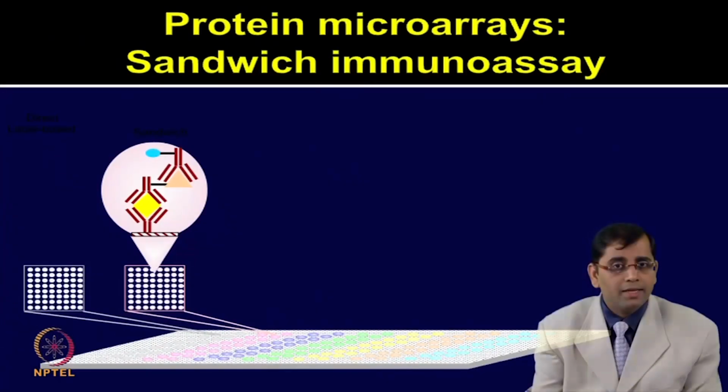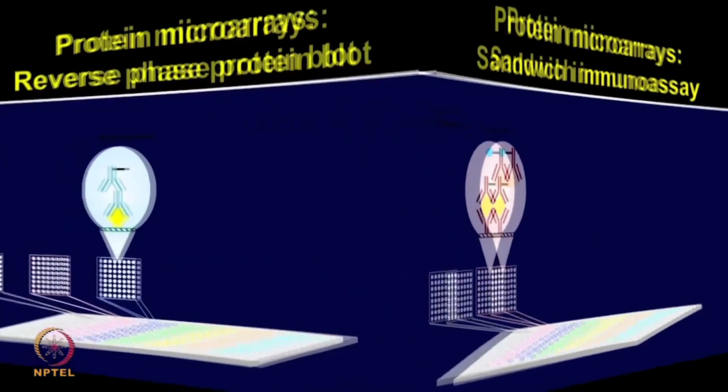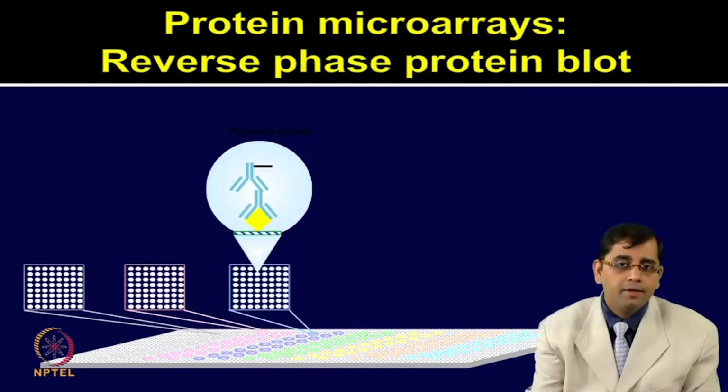The sandwich immunoassay is one in which the target protein is captured by an antibody, followed by detection using a labeled secondary antibody. In the reverse phase protein array method, a complex mixture such as cell lysates is printed and probed with specific detection labels.